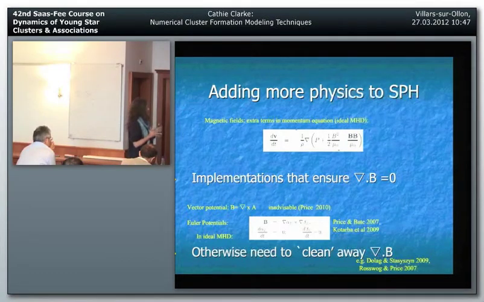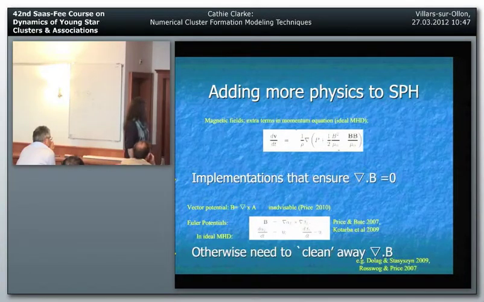Now, you really want to make sure that you obey Maxwell's equations. You'd think that would be a pretty strong prerequisite, that you keep the divergence of the magnetic field equal to 0. And one way of doing it, if you've done sort of undergraduate physics, is to say, well, if you put the magnetic field equal to the curl of some property, then it will automatically do that. So I'd have thought that was a good thing to do, but Dan Price has a paper saying just don't do that and explaining why.